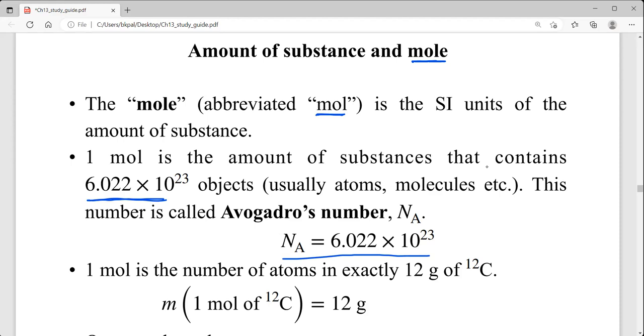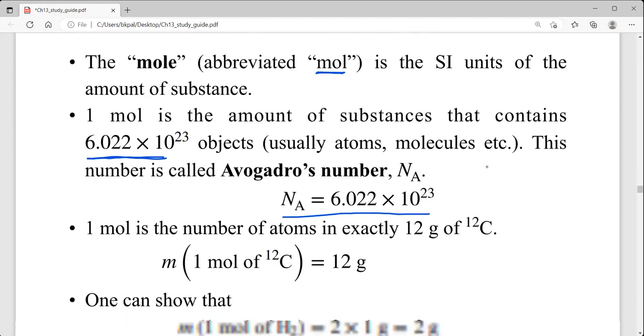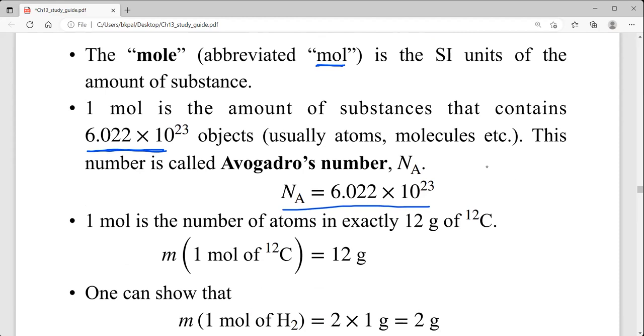Another definition for mole that we use is this one, and this is the relationship between mole and mass. This definition tells us that the mass of 1 mole of carbon-12 atoms is equal to 12 grams.